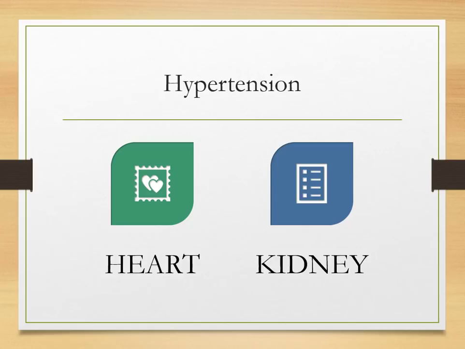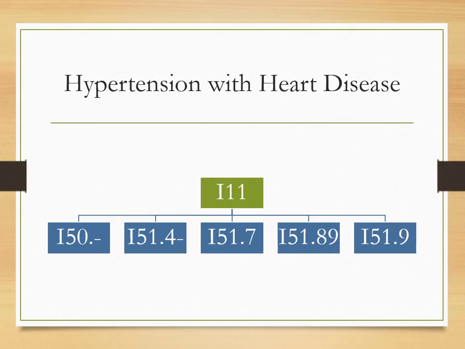All right, so now, let's talk about hypertension with heart disease. If your patient has hypertension with heart disease classified to category codes I50, I51.4, I51.7, I51.89, and I51.9, they are assigned to a code from category I11, which is hypertension with heart disease.